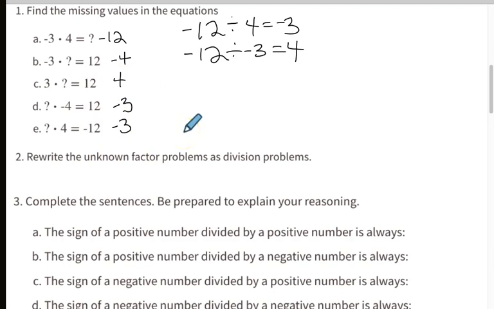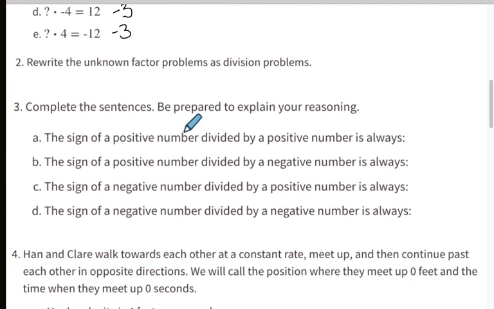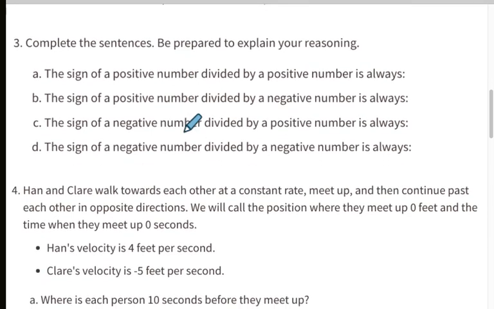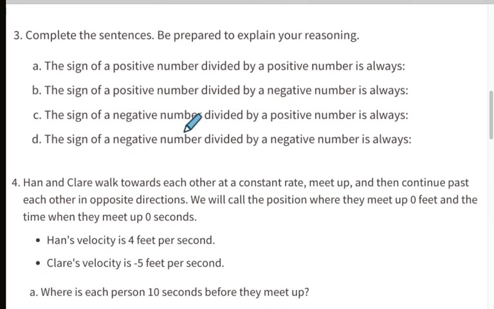Number 3, complete the sentences. Be prepared to explain the reasoning. The sign of a positive number divided by a positive number is always positive. Positive divided by positive equals a positive. The sign of a positive number divided by a negative number is always negative.